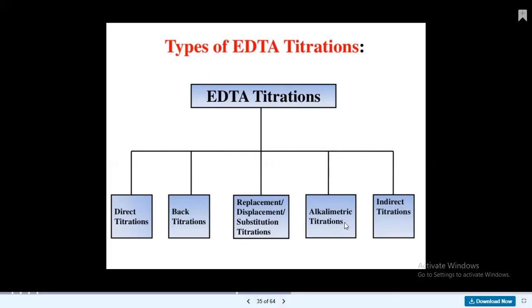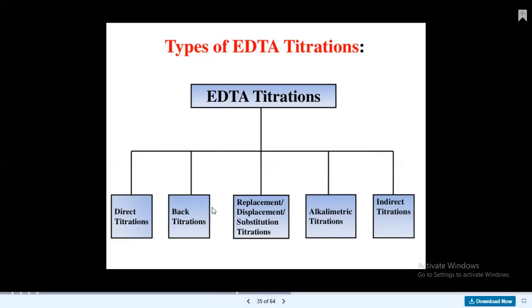Alkalimetric titration depends upon the hydrogen ion concentration, because throughout this reaction hydrogen is released from EDTA or from your indicator. On the basis of hydrogen ion concentration we can also quantify the analyte. Indirect titration is also a type of back titration.